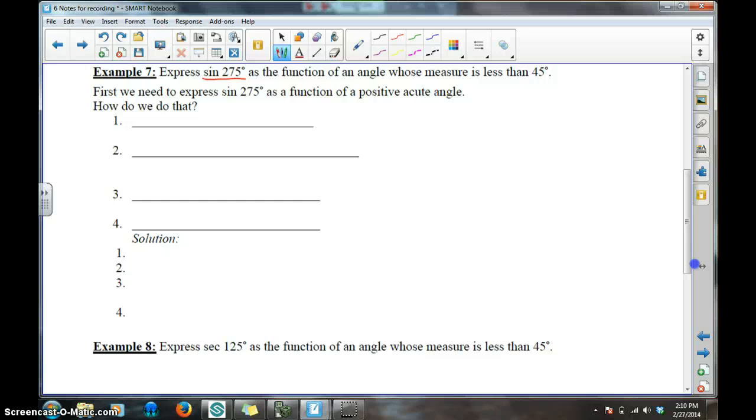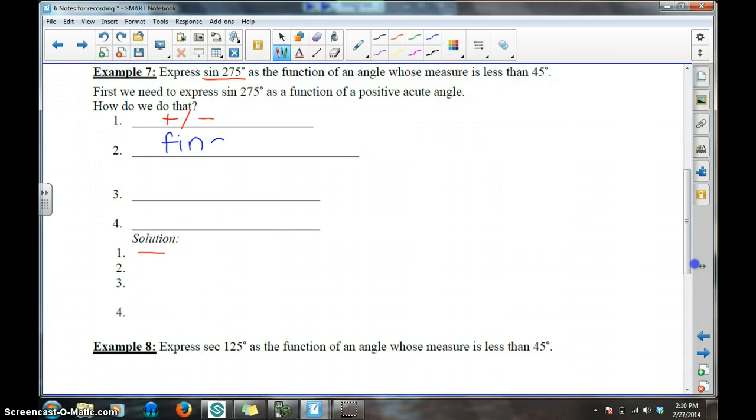The first thing I want you to do is choose positive or negative based on quadrant. 275 is in quadrant 4, and that means that this answer will be negative. Once you've decided whether you're going to have a positive or negative answer, don't change your mind. It's negative. Next, you're going to go ahead and you're going to keep the function, but find the reference angle.